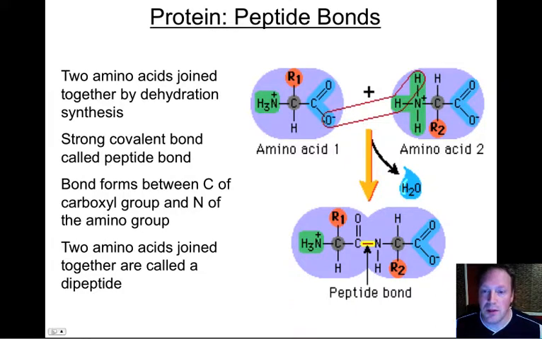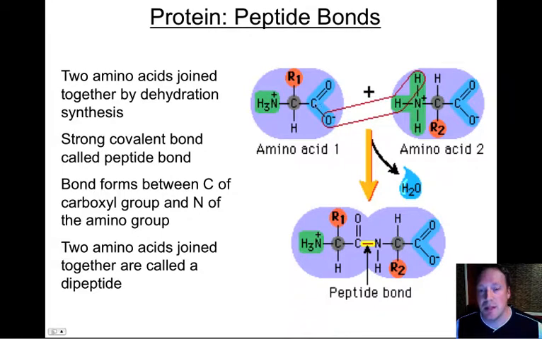Now look at what's circled in red here. See these 2 hydrogens and this oxygen? Do you see how those 3 atoms could be linked together to form a water molecule? If these 2 hydrogens and this oxygen go away, this carbon is going to need another bond, and so too will this nitrogen.